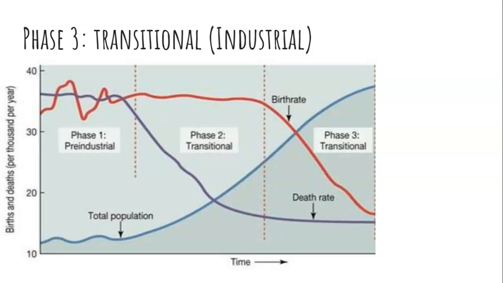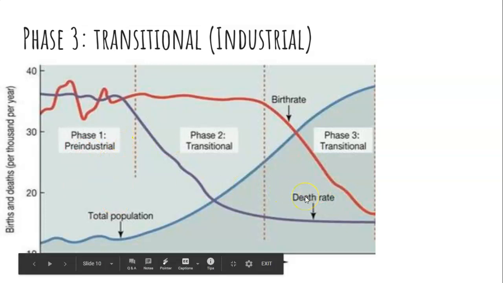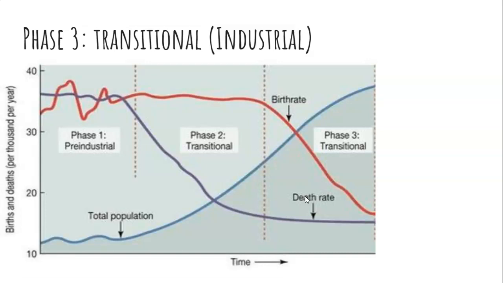Things like heart disease and cancers become much more prevalent because, as we know, diets have started to change. They're living in more polluted environments. Conditions are better than they were in the pre-industrial phase, but because people are living longer, we're starting to see those changes in epidemiology. So people are dying of different things and they're dying at older ages.